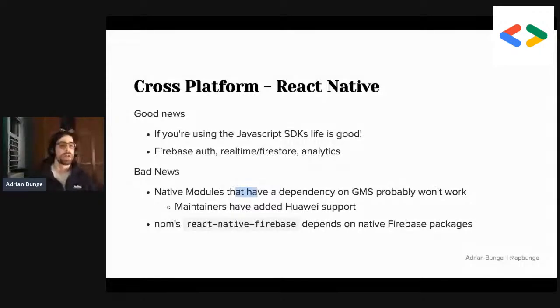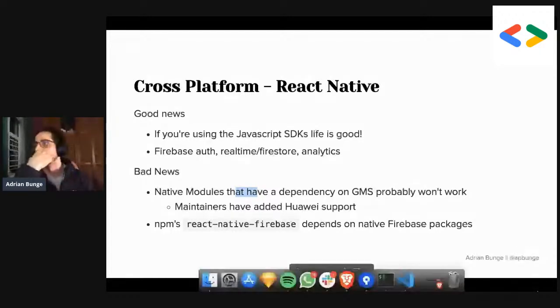Other news is, if you're using this library called React Native Firebase, that's out the way, because it depends on native packages as opposed to an open source SDK for Firebase that can be used outside of Google SDKs.